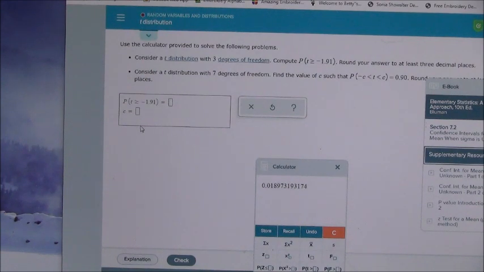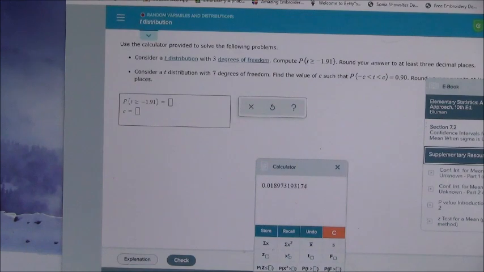So now I want to work it backwards. I know the area underneath and I want to find the corresponding t-score that goes with that. So if I want to find the percentile or the t-score that goes with that, I'm going to use inverse t, which is choice number 4 on my graphing calculator.